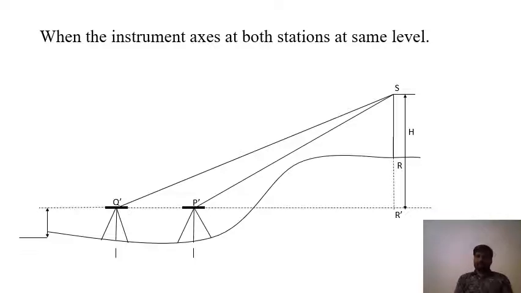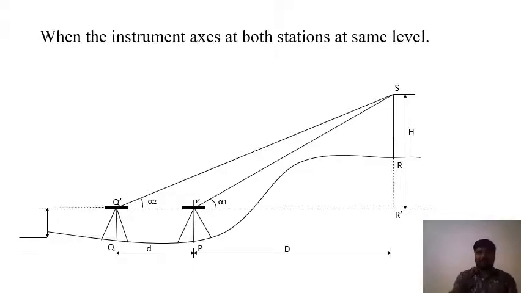Now I have observed the top of the object. S is the object, observed from the P station and the Q station. The angles I am getting are alpha 1 and alpha 2.